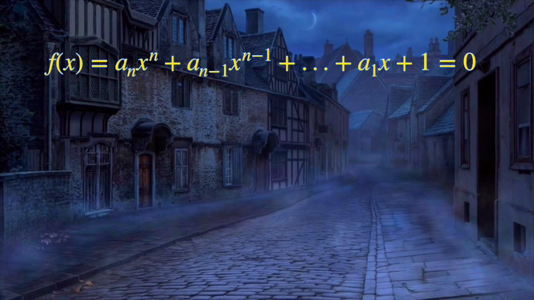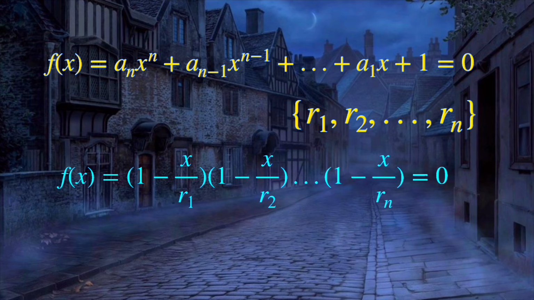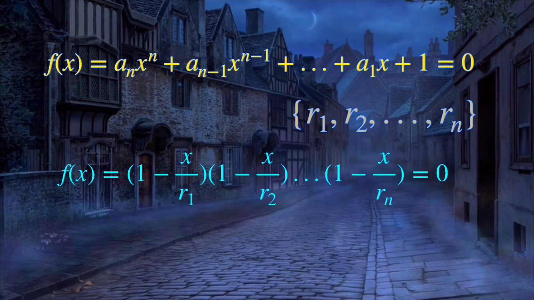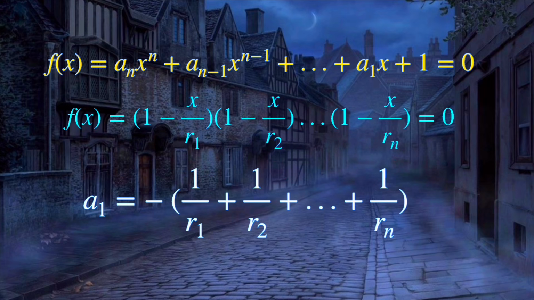And he connected this to the idea of finite polynomial zeros, which had n roots. He knew that the coefficients had something to do with the roots, and therefore he thought about rewriting this function in its factored product form.